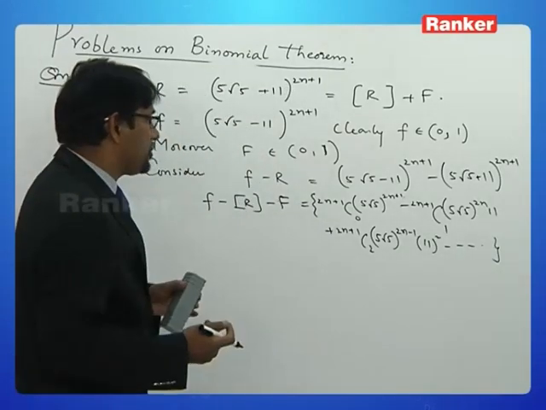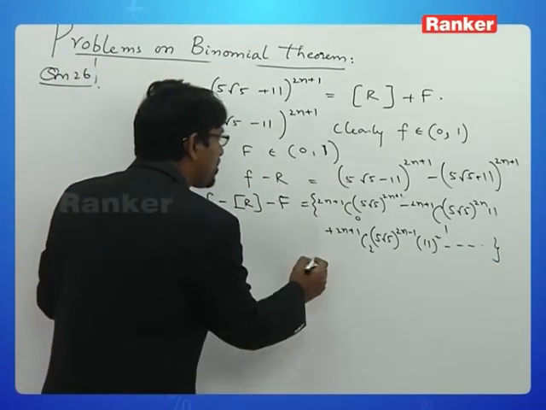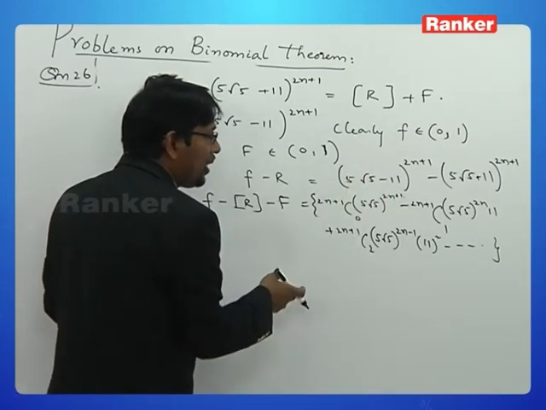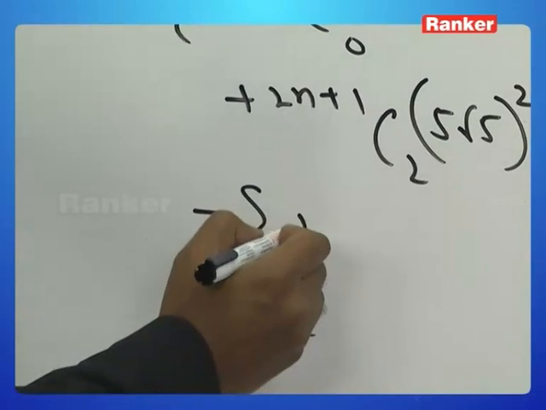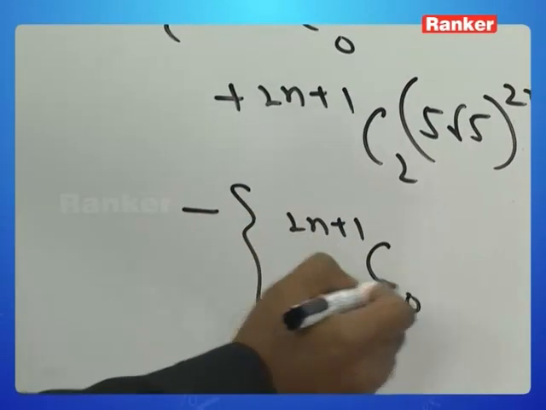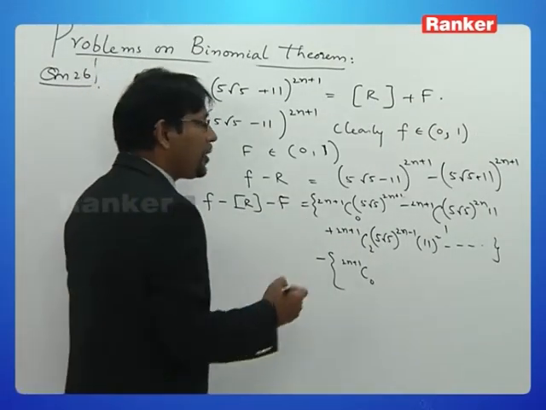That's the first expansion. What about the second expansion? The second expansion will have all the terms with the plus sign. So all these terms appear with a plus sign.